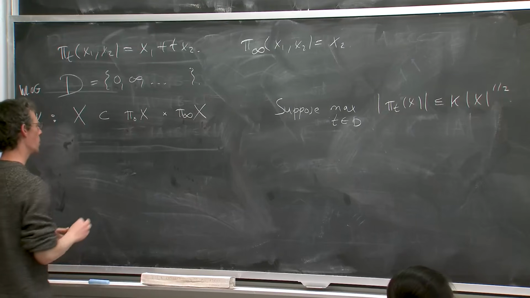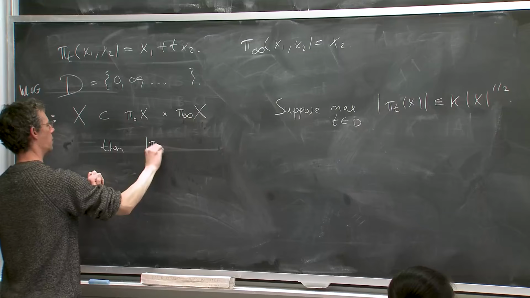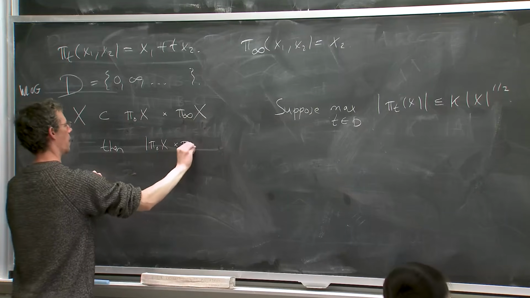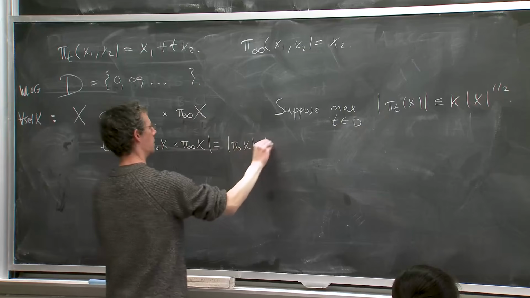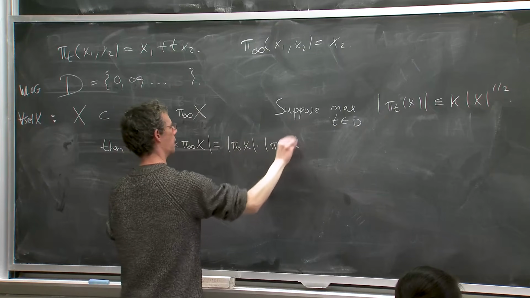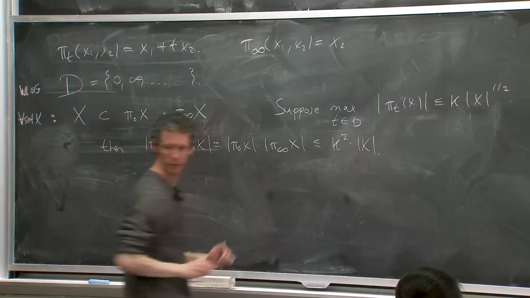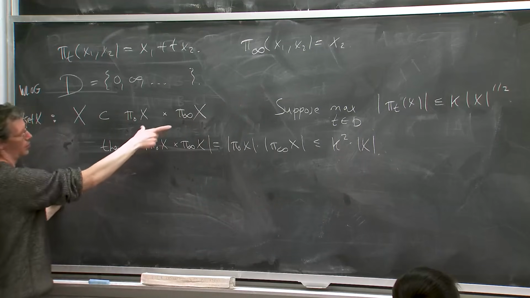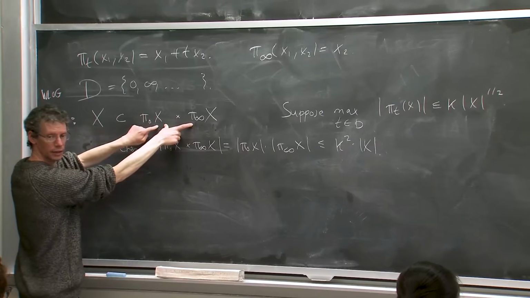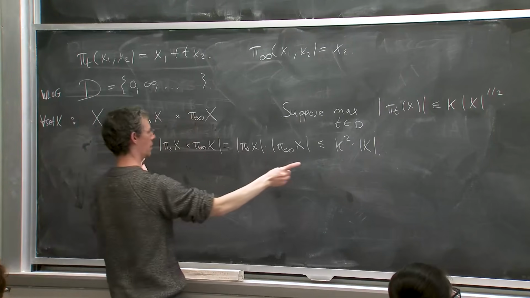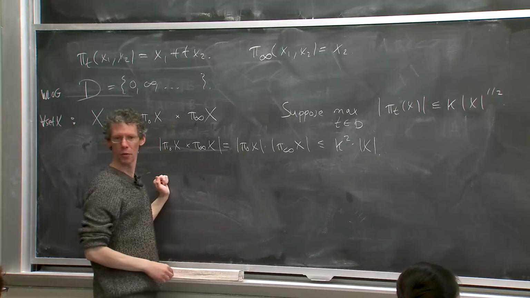In that case, the size of pi_0 X cross pi_infinity X, that's the size of pi_0 X times the size of pi_infinity X, is at most k squared times the size of X. So this here is an actual product set, X is sitting inside of it, and X occupies a large fraction of it, if this is a scenario that we're worried about.